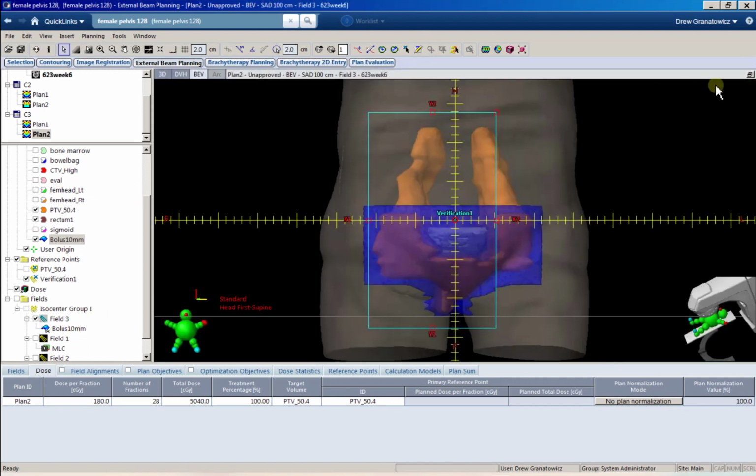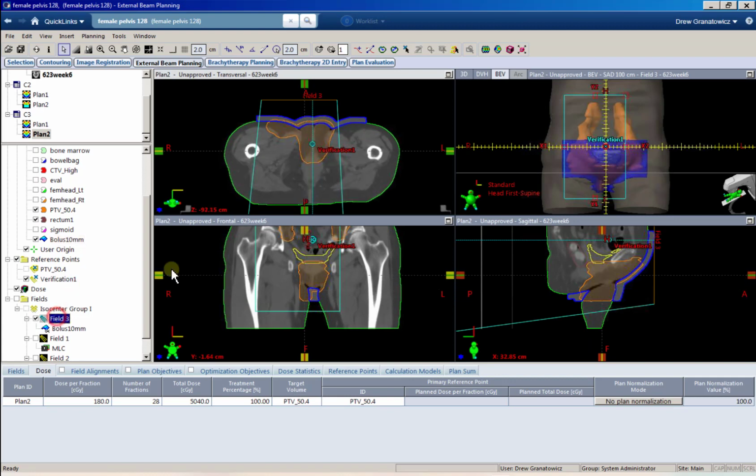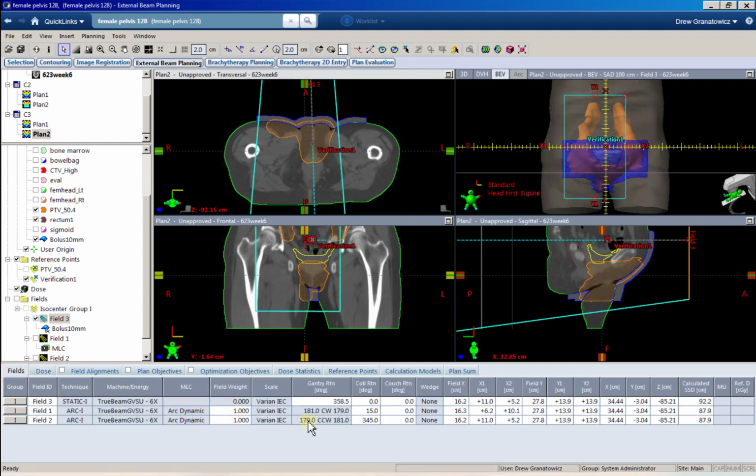Okay, but with this setup field, depending on what your bolus looks like, you can first find a good angle where you get the best view of your bolus. In this case, this bolus is kind of centered anteriorly, so keeping that gantry at 0 is perfectly fine.